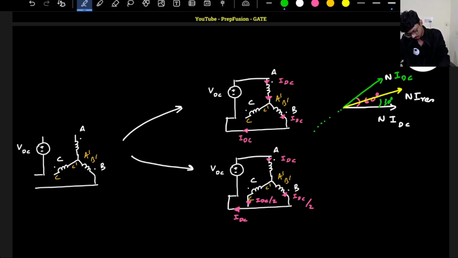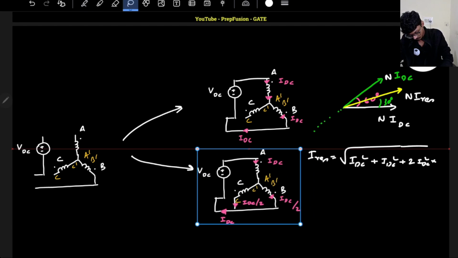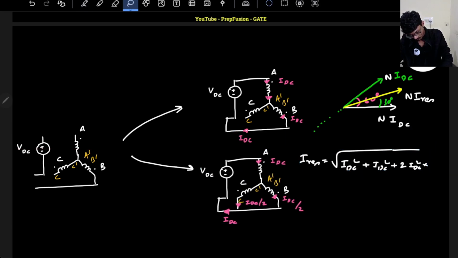So I resultant will be under root IDC squared plus IDC squared plus 2 I1 I2, that is IDC squared again, into cos 60, and cos 60 is half, right?